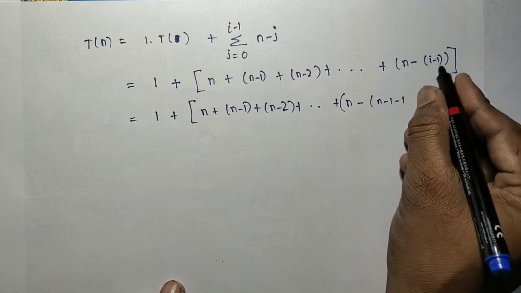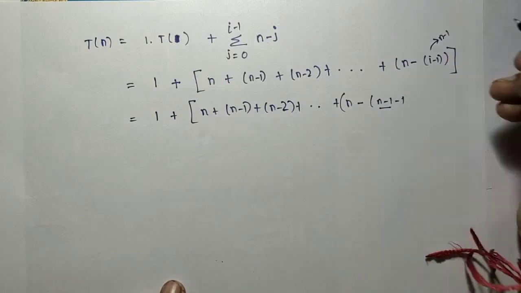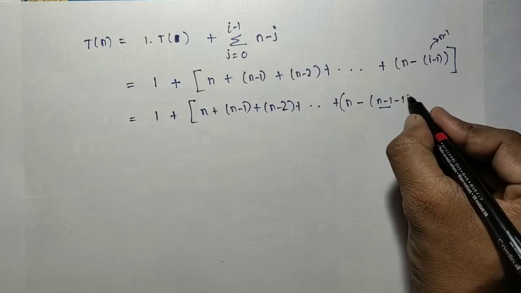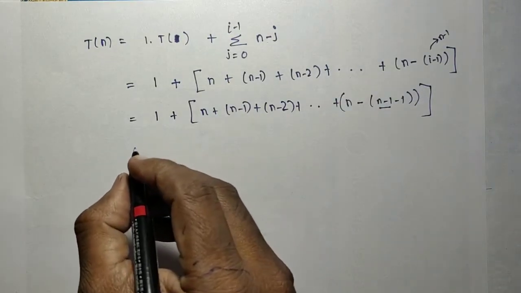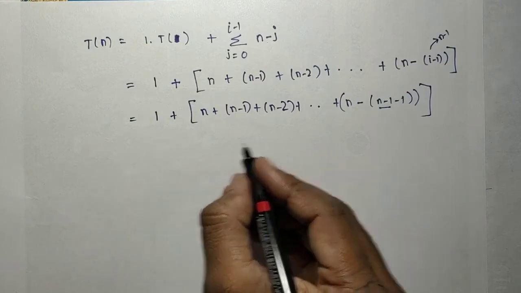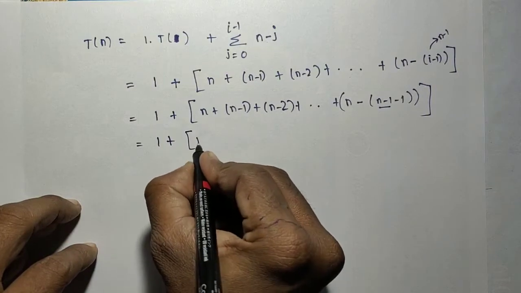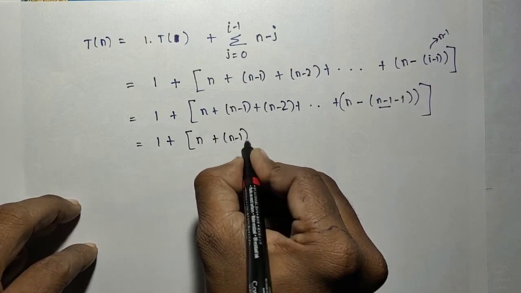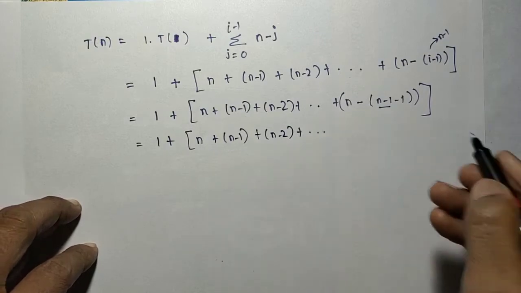For that size I have put n minus 1. So we can write 1 plus n plus n minus 1 plus n minus 2 plus and so on.